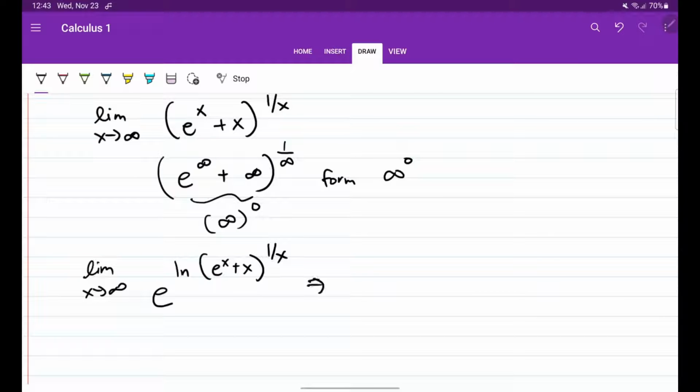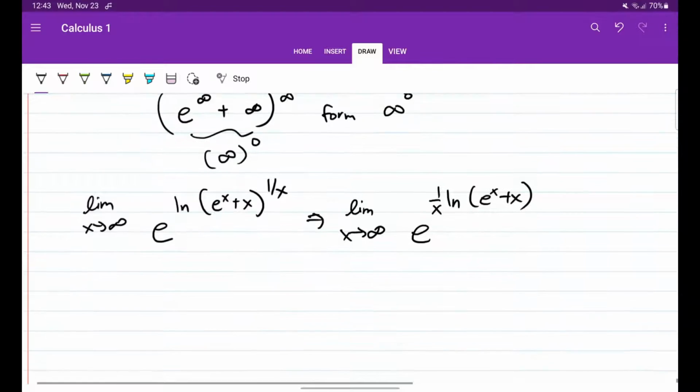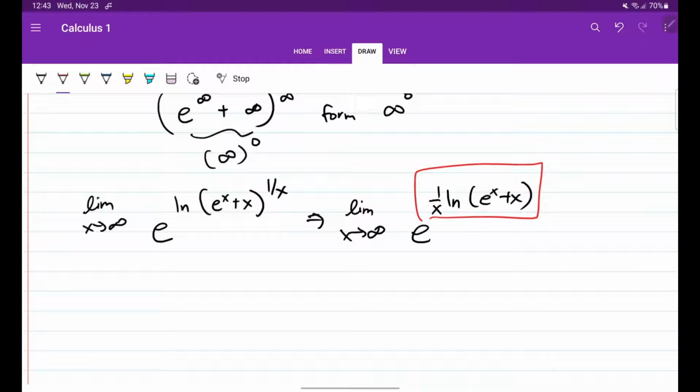We can simplify this to the limit as x approaches infinity of e to the (1/x) ln(e^x + x). Then let's take the limit of this exponent: the limit as x approaches infinity of (1/x) ln(e^x + x).